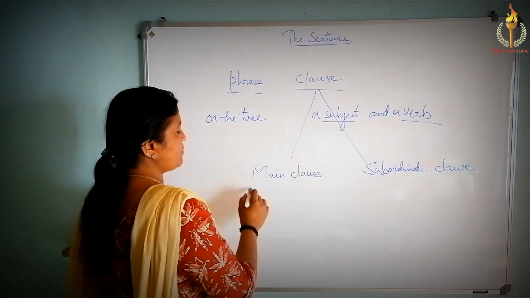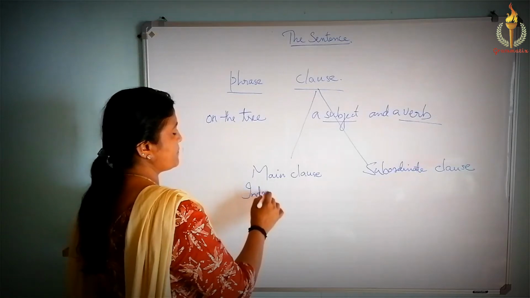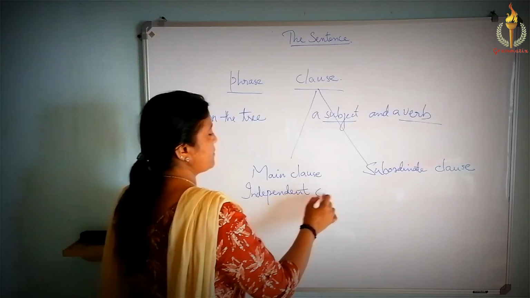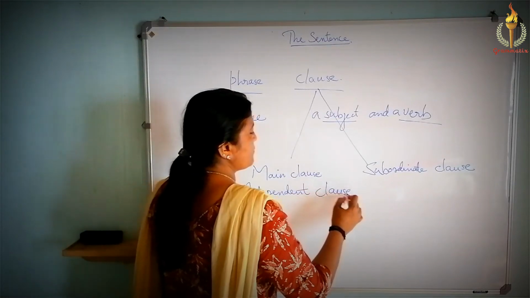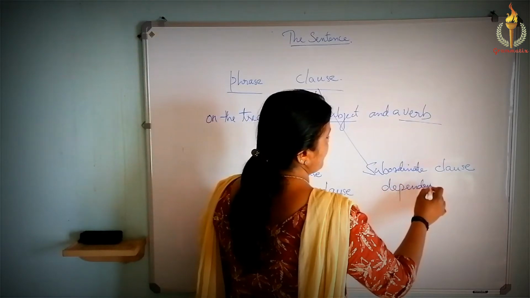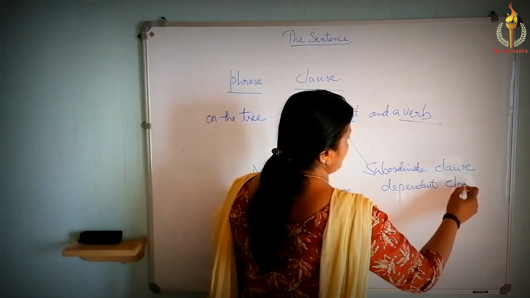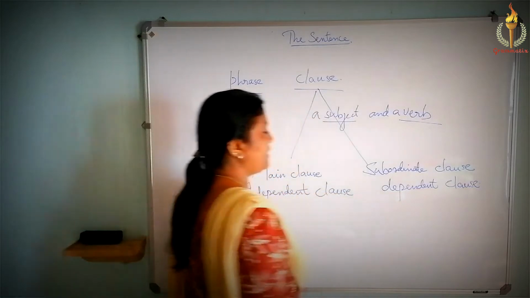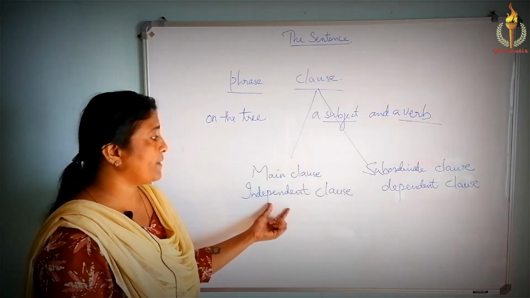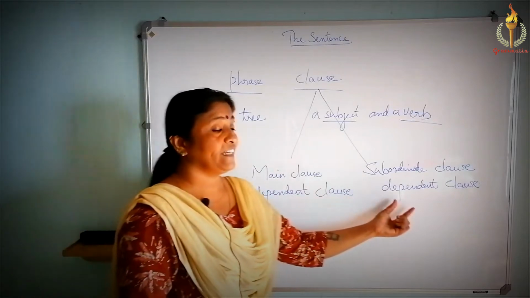Another name for the main clause is independent clause. The name itself gives you the definition. Independent clause, and subordinate is dependent clause. So the name itself gives you the definition of what are independent clause and dependent clause.